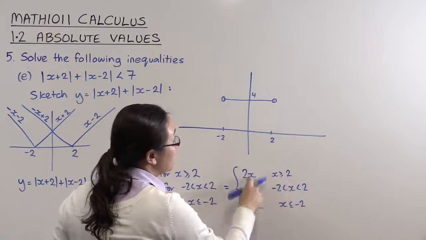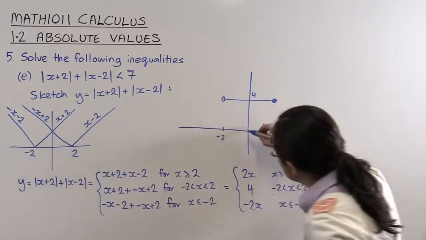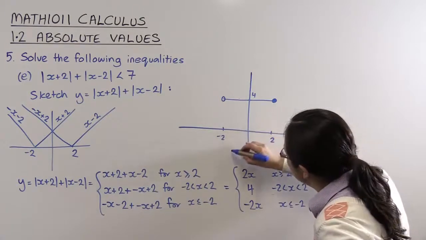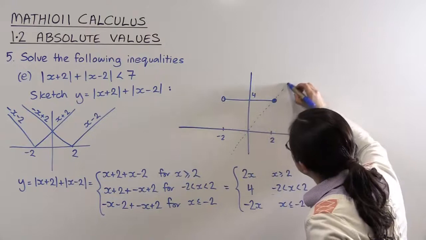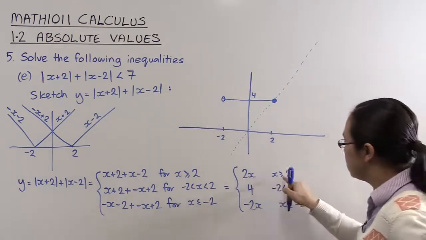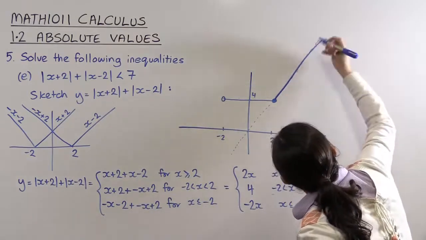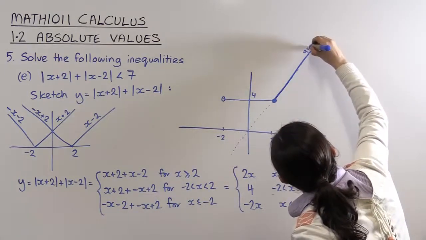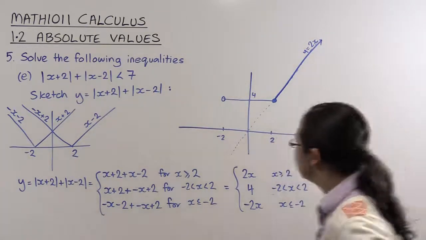Now 2 times 2 is 4, so actually it does go through this point. y = 2x is actually a straight line, gradient 2, like this, but we only want the section greater or equal to 2, so we only want this section up here. So this has the equation y = 2x, and that's for x greater or equal to 2.